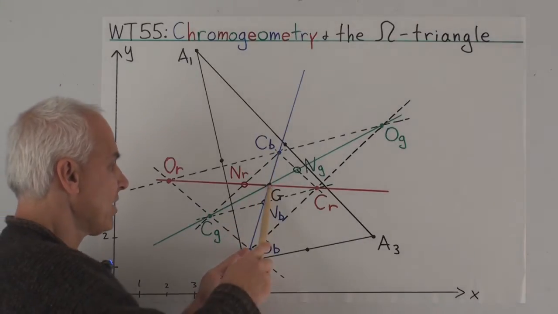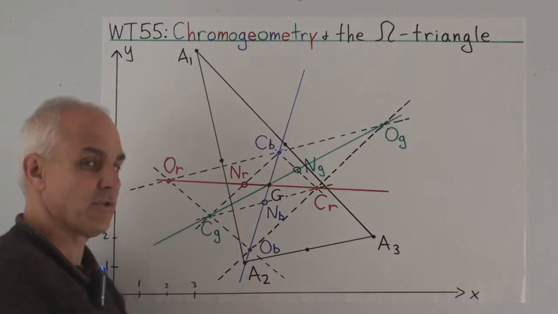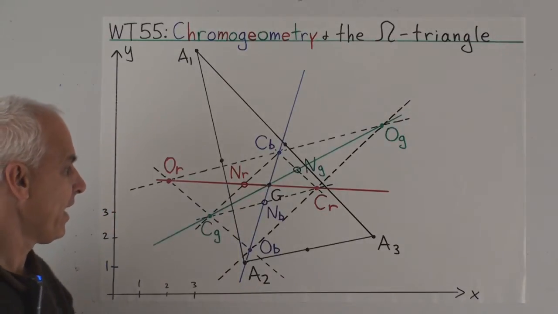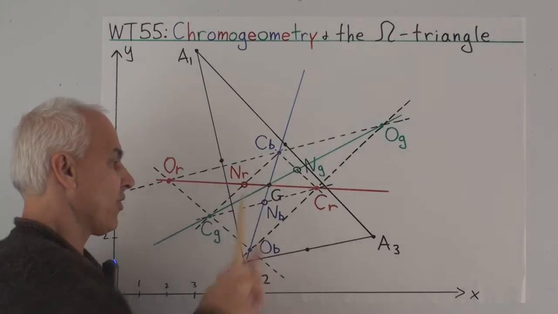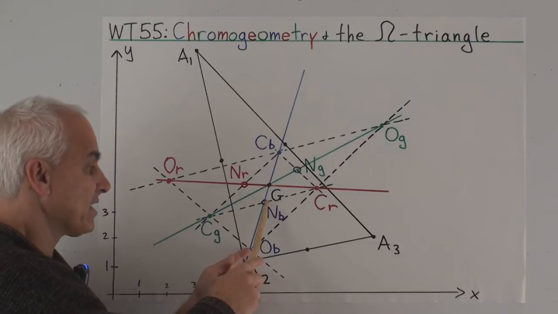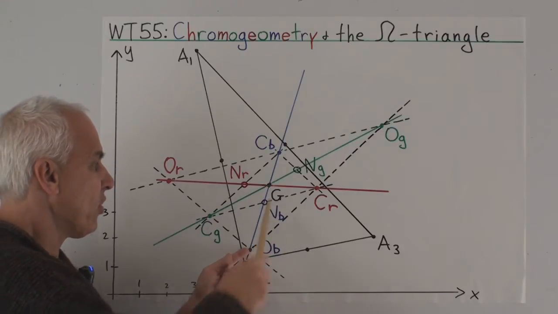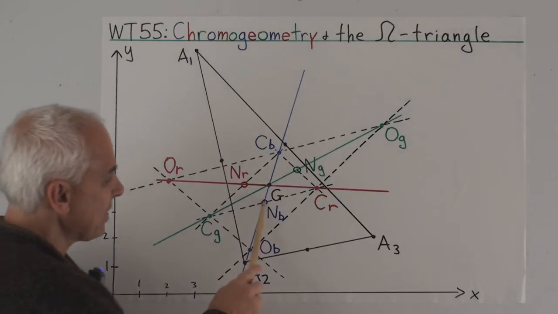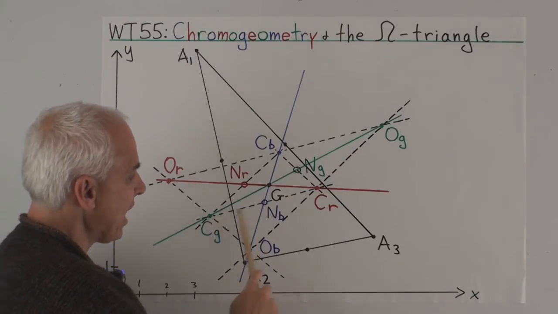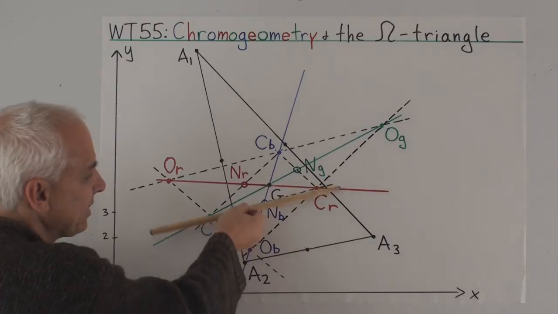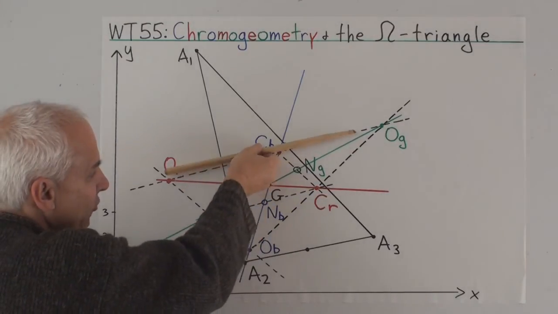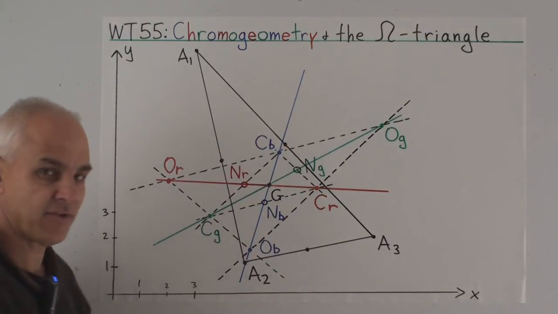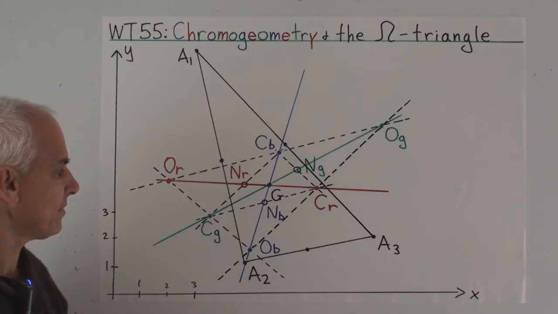Since this vector to this vector is in the ratio of 2 to 1, and this to this is in the ratio of 2 to 1, it follows that this 9-point center is the midpoint between OB and CB. That's telling us that this 9-point center actually lies on this line here, because this is the line that's halfway between this point and this vertex in the omega triangle.